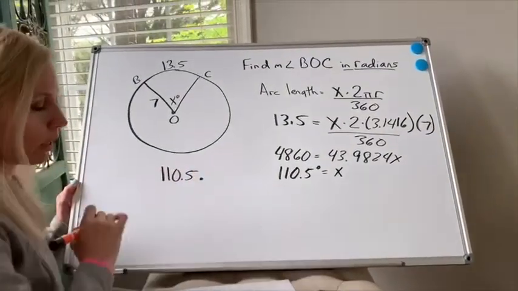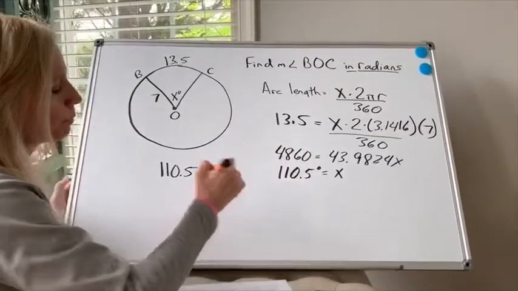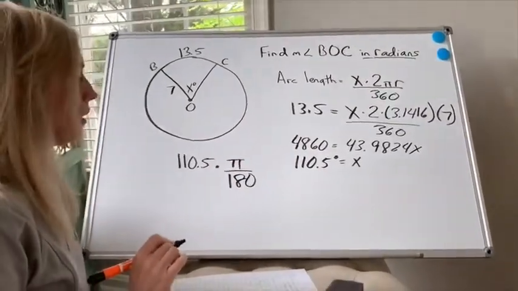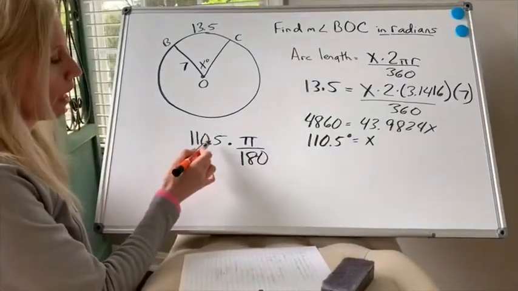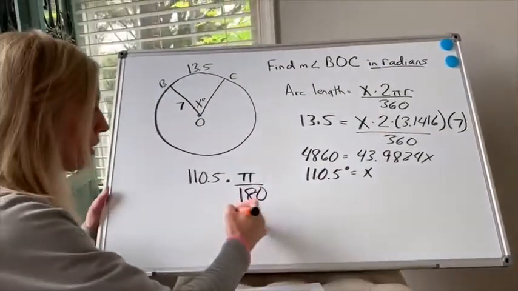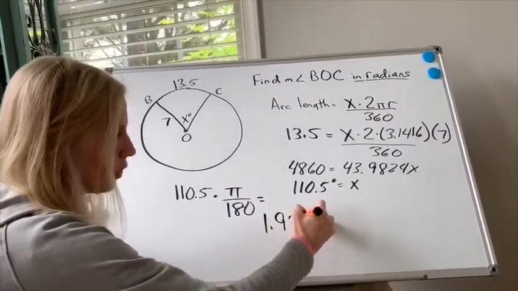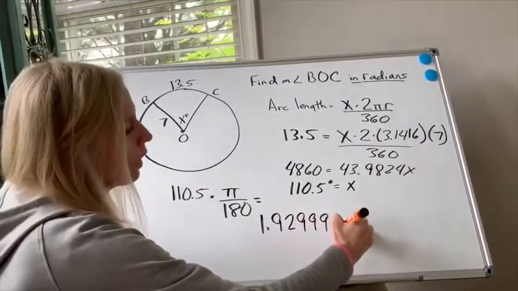In this case, it's 110.5. We're going to multiply it by pi over 180. So in your calculator, 110.5 times pi divided by 180, and our answer is going to be like 1.9299 radians.